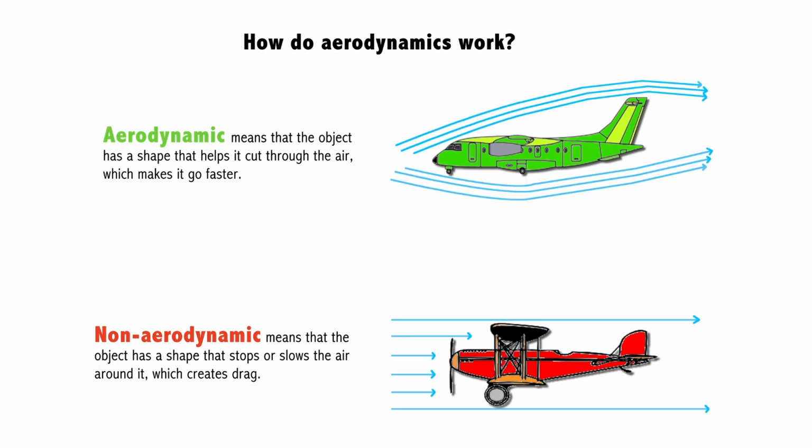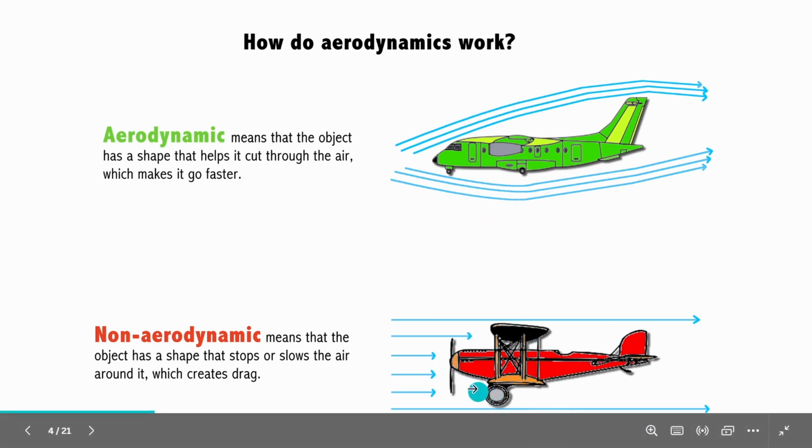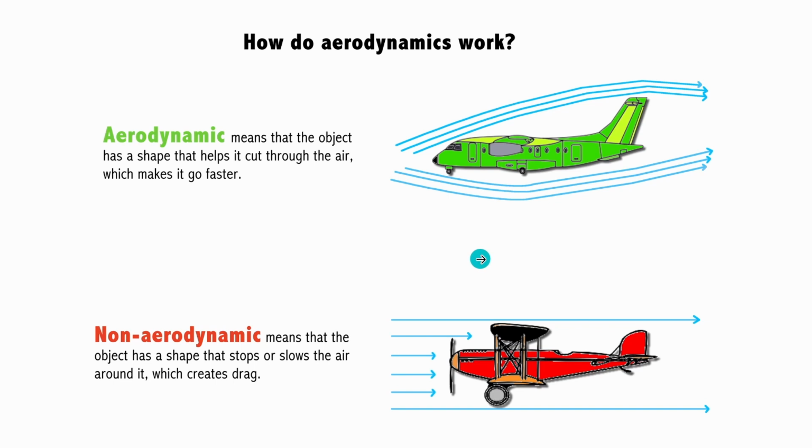Moving on, this is a visualization that explains how aerodynamics works, and this also serves as a motivation for why we are studying this topic. In the first picture, which is in green, we can see an aircraft with a particular shape, right? And in the later picture, which is in red, we can see a differently shaped aircraft, right? And these blue arrows are essentially showing us the flow of air, right?